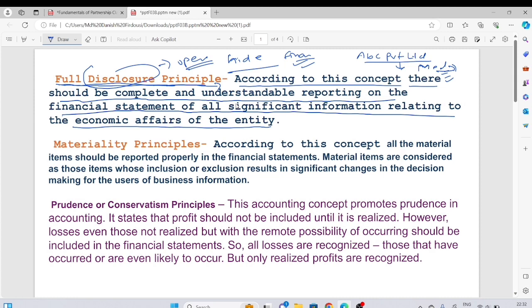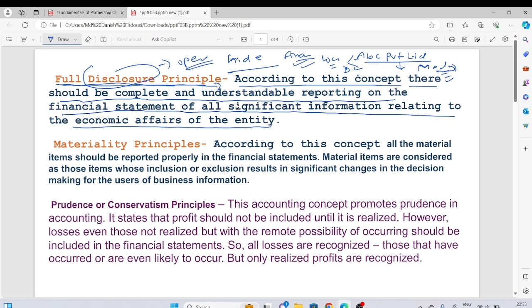But if ABC Limited has any loan amount, it should be mentioned in the financial statement. If it has any development plan, then it should also be mentioned. So the full disclosure principle states that no information should be hidden.